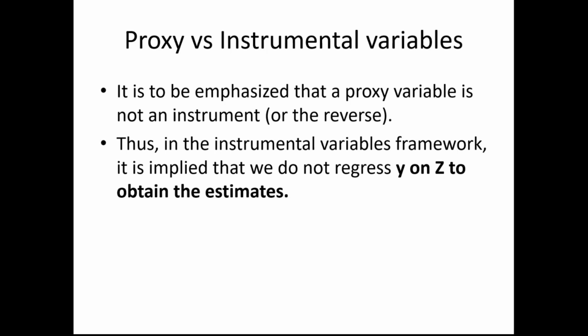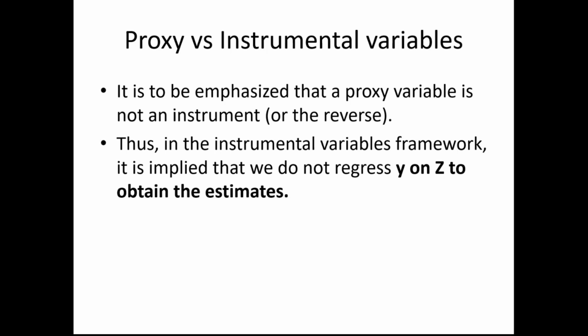An instrumental variable in simultaneous equation models has a specific connotation, whereas a proxy variable is just a variable that you use instead of a variable that you want to use but don't have a measurement on. For instance, you may not have a measurement on happiness, so you'll have to use a proxy variable to capture something which is not measurable.